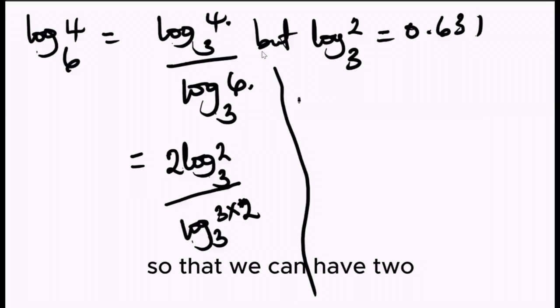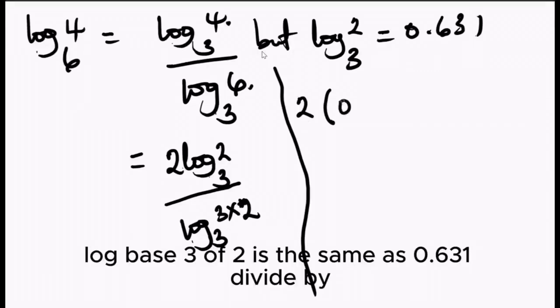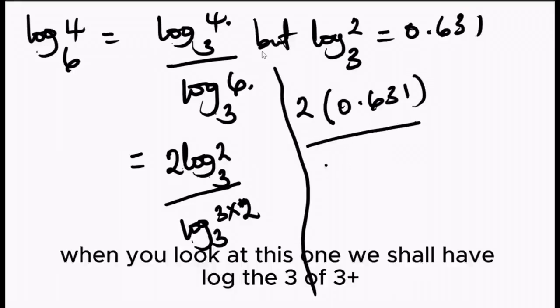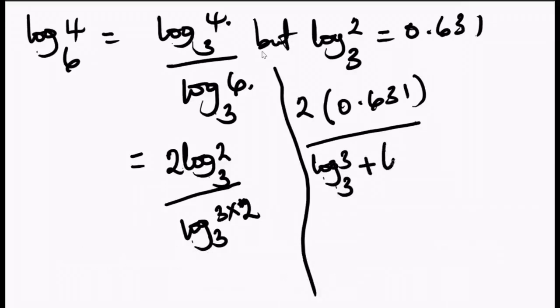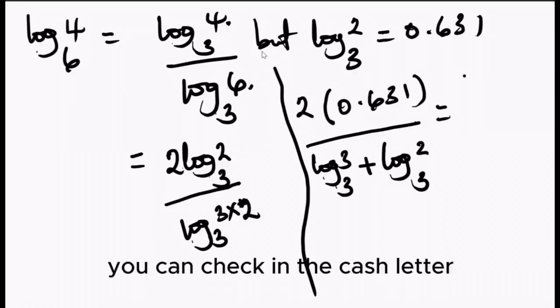So we can have 2 times log base 3 of 2, which is the same as 0.631, divided by, when you look at this one, log base 3 of 3 plus log base 3 of 2.